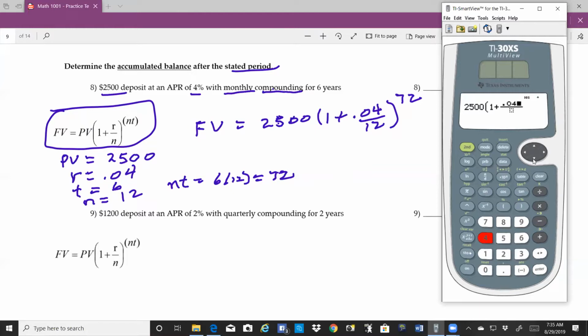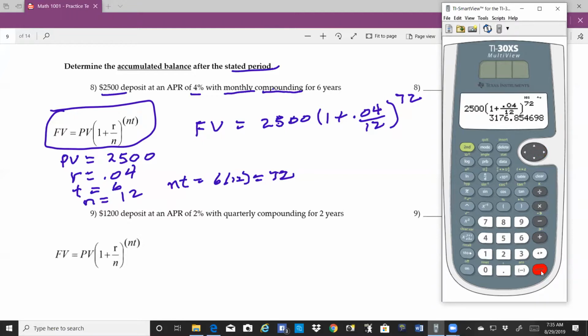And notice I use my pointer to bring the cursor down so I can put in the 12. And now I need to move to the right so that I can put in the parentheses. And now I want to do an exponent, so I use this up arrow, and I put 72, and I can bring it down.